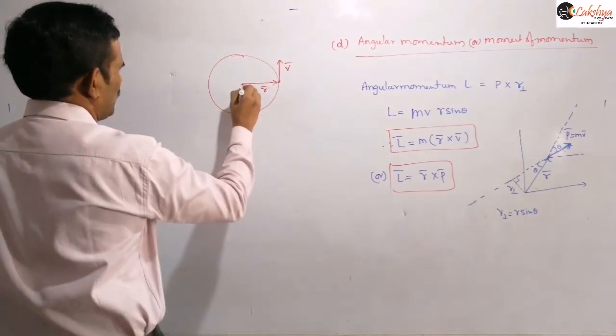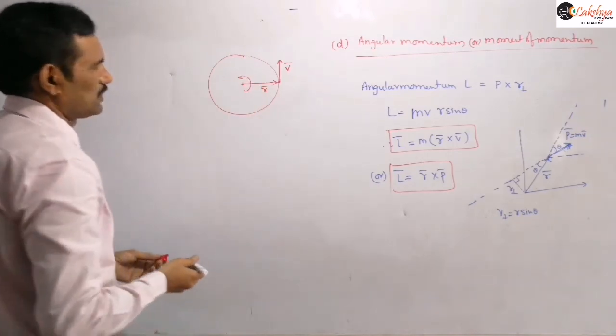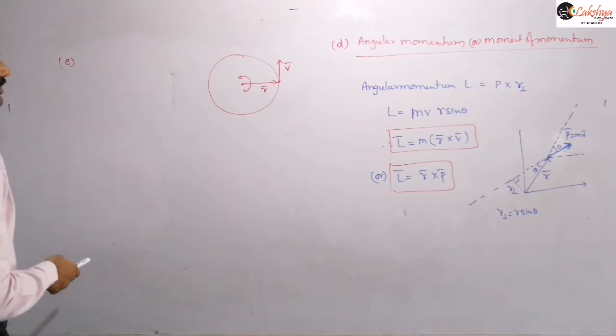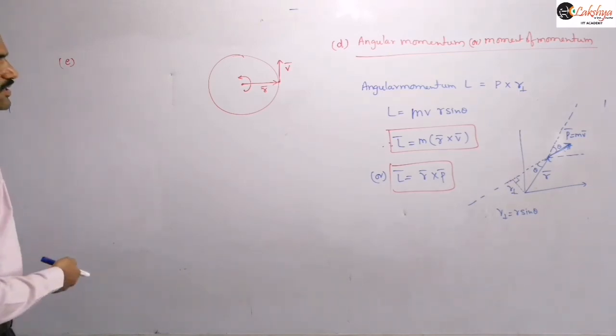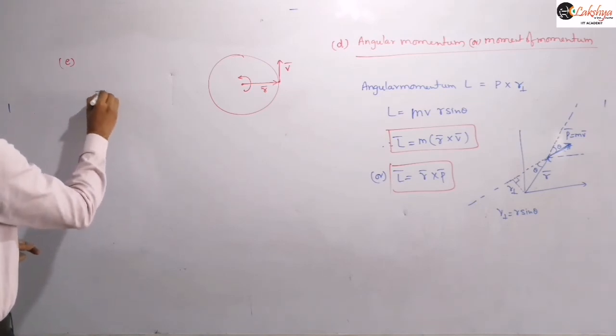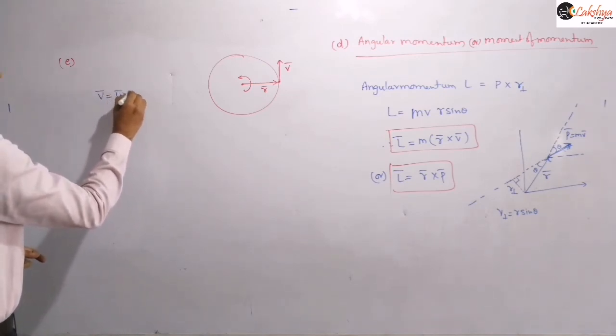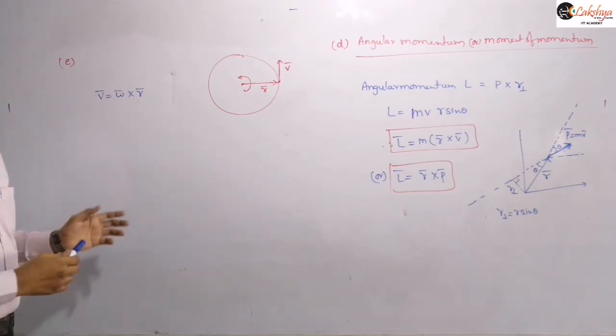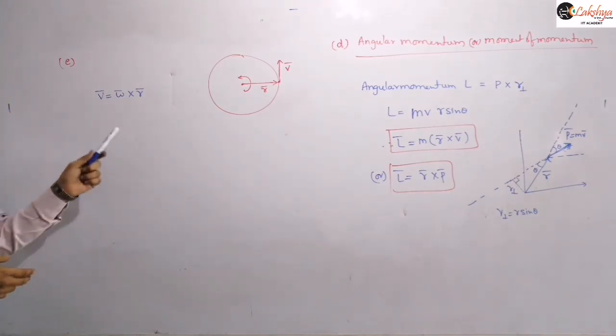I am writing that relation directly: v bar is equal to omega bar cross r bar. You can verify the direction here.